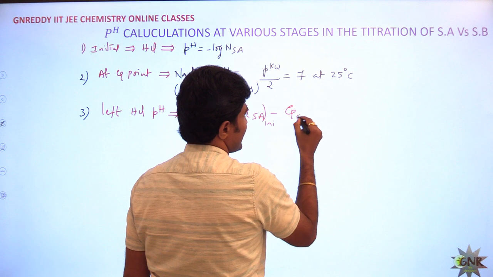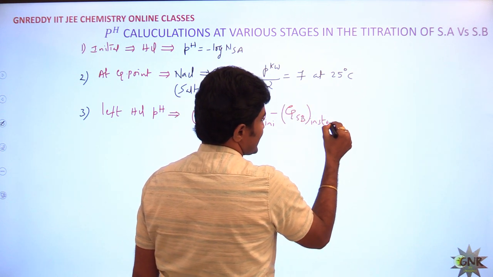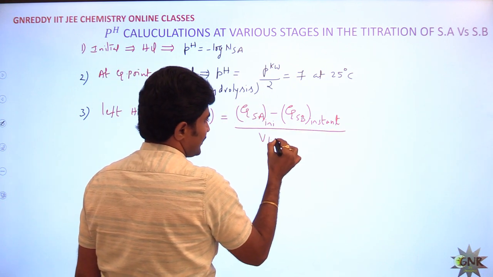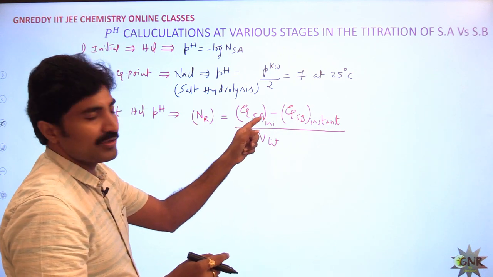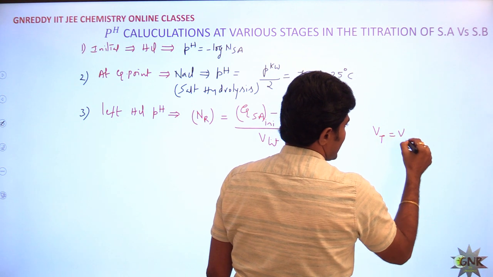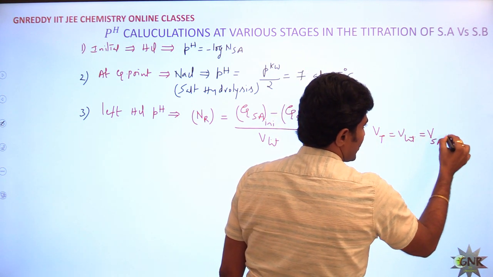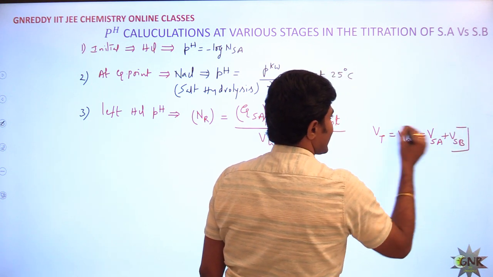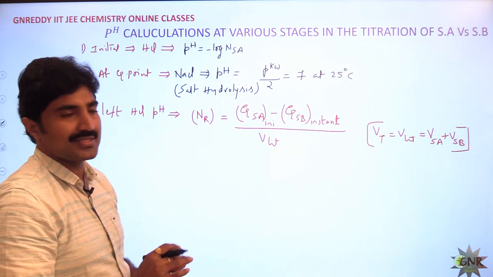So this is the equivalents of strong base at that instant, divided by the volume in liters. What is the volume in liters? Here that is the sum of the volumes of both, the strong acid volume and the strong base volume. So like this you can calculate the normality of the resultant solution at that instant.